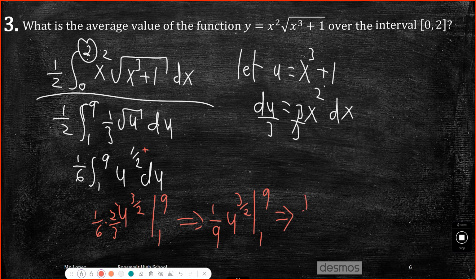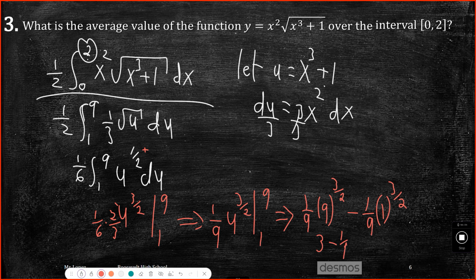So this is gonna be 1/9, 9 to the 3/2, minus, and just keep it to 1/9 here, u is 1 to the 3/2. So here it's much easier this way. What's the square root of 9? 3. 3 to the third is 27. 27 minus 1 over 9.